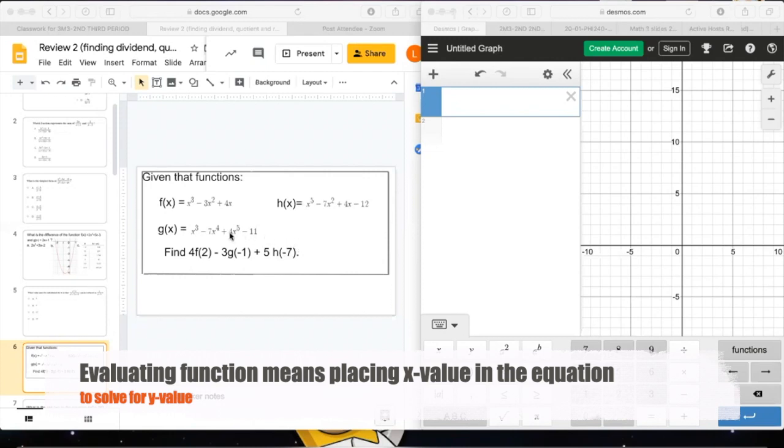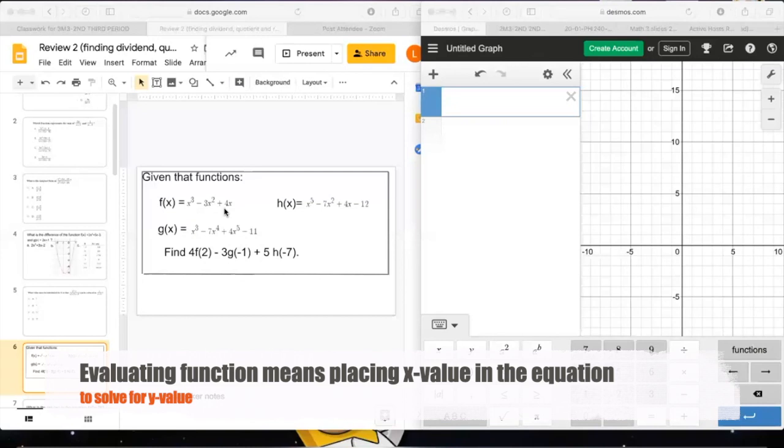Now, you already know that when we have this kind of notation, for example f of 2, if we read this, it means that 2 here is the value of x for the function whose name is f. So if we want to find the value of f of 2, you are going to evaluate f of x when x equals 2, which means that the value of x here should be replaced by 2, and then we compute.